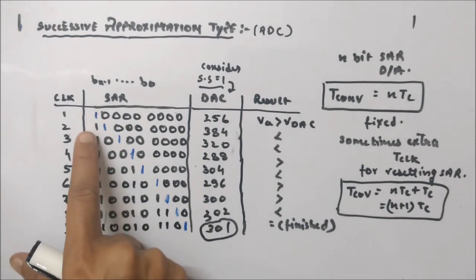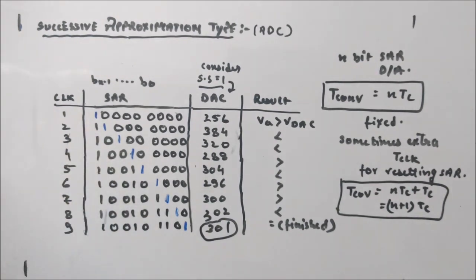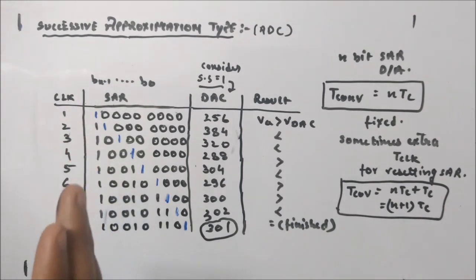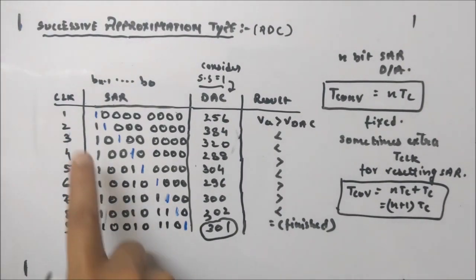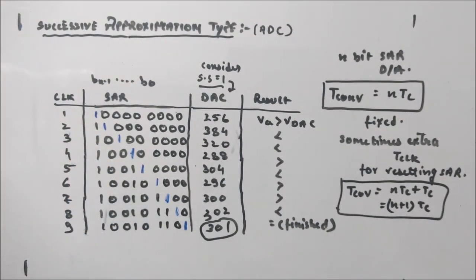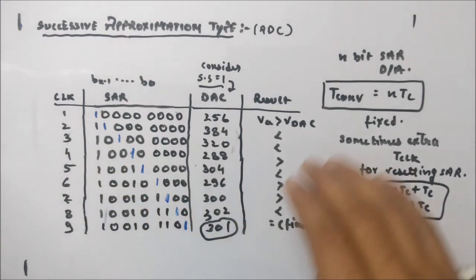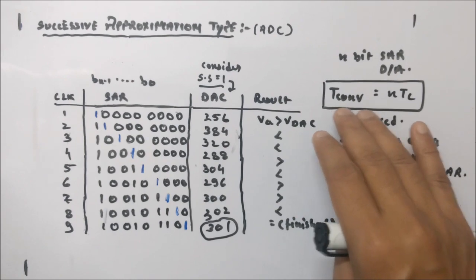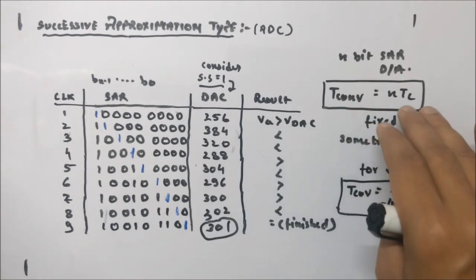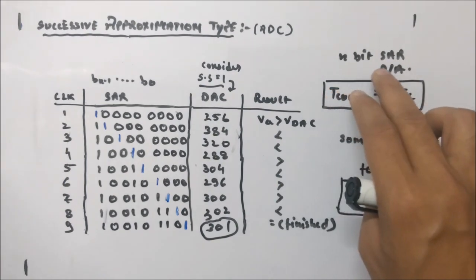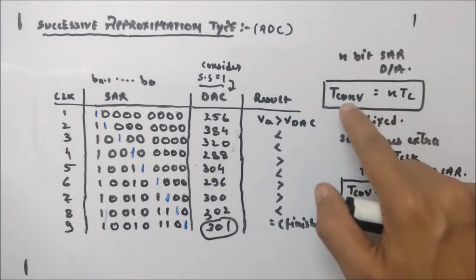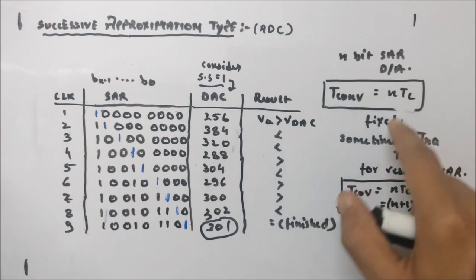So in each clock pulse you are setting one bit. So you can say for an n bit SAR or DAC, the total conversion time will always be N T_C, where N is the bit size of the SAR or D2A converter and T_C is your clock time.